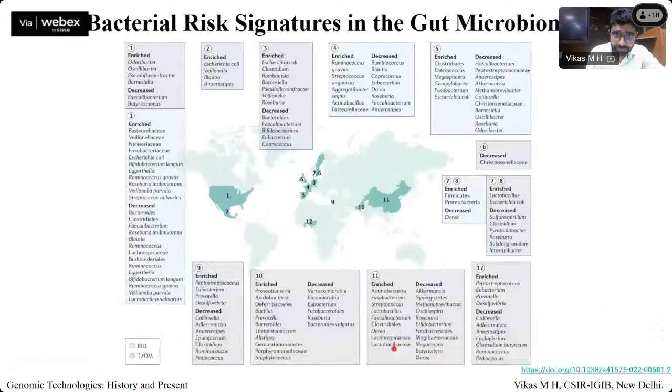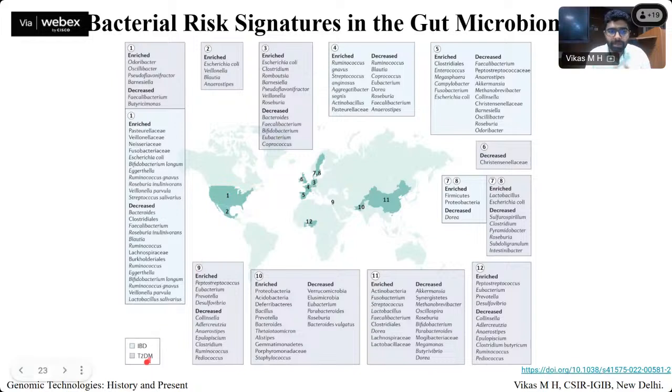So this particular pattern of the gut microbiome can be seen throughout the world in different diseases. Here I'm just taking an example of IBD and type 2 diabetes. In type 2 diabetes, you can see an increase in E. coli and Ruminococcus, and then the Oscillibacter in many of the populations around the world.